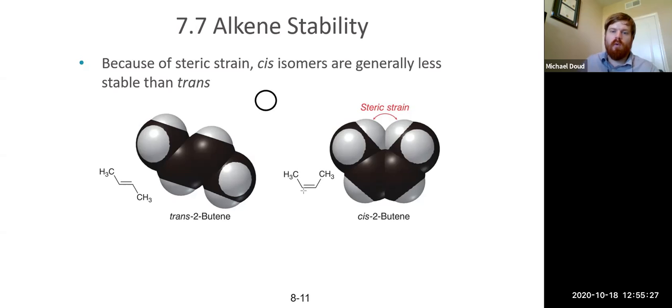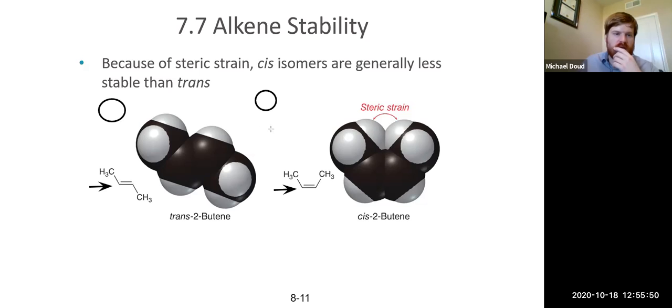So remember, for alkenes, these are sp2 carbons, right? So they're sp2, these are planar structures here. So let's take a look down this axis versus a look down this axis here. And let me draw 2 different Newman projections here for us.